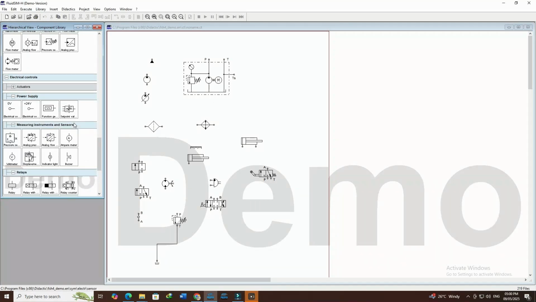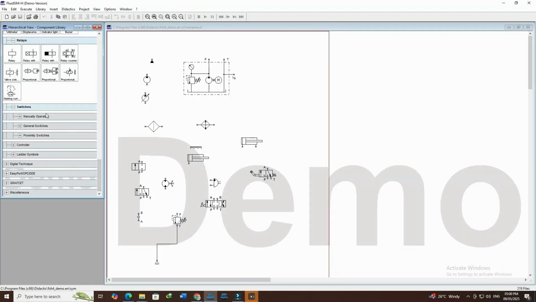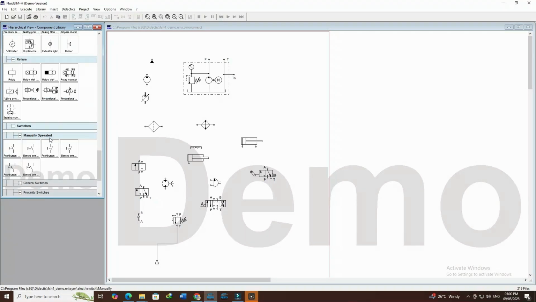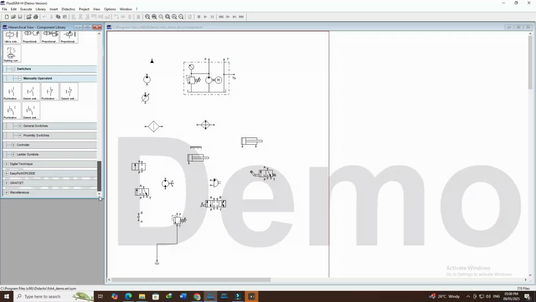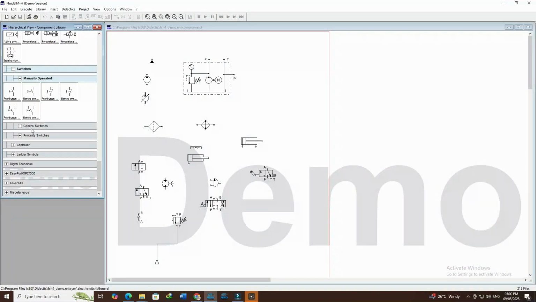The directional control can also be controlled by electrical circuits. Those are electrical parts that control the directional control valve in order to operate it. The other one is a relay. We have a relay here. Also, switches are there, manually operated switches like push buttons and hydraulically operated switches. Also in electrical, different push button switches are there.